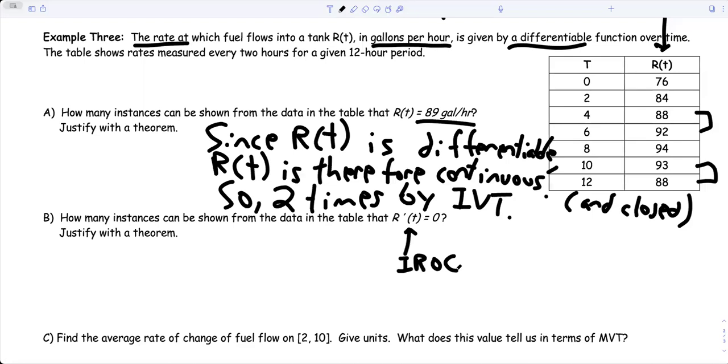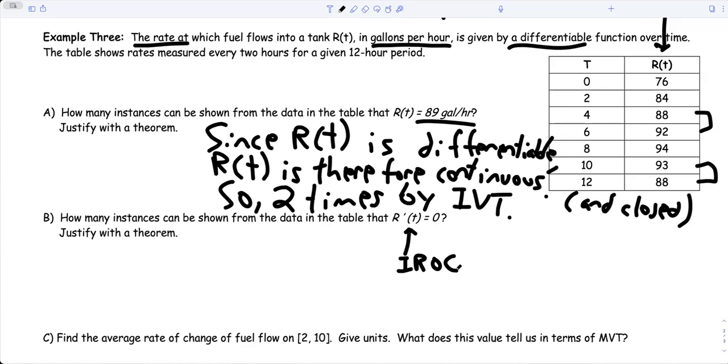So how would we work this problem? Let's think it through and then we can justify it. Well, we are going to use which theorem? If they give me IROC, then I'm going to use mean value theorem. And mean value theorem says what?